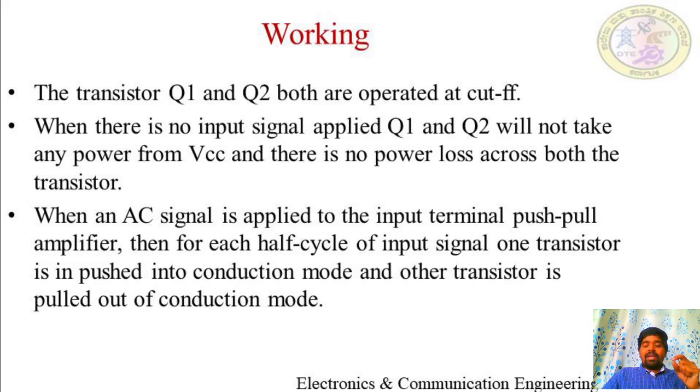That means in this push-pull configuration, both transistors will not turn on or turn off simultaneously. One transistor is pushed into conduction mode, and the other is pulled out of conduction mode. Which transistor conducts on which half cycle, we will discuss.